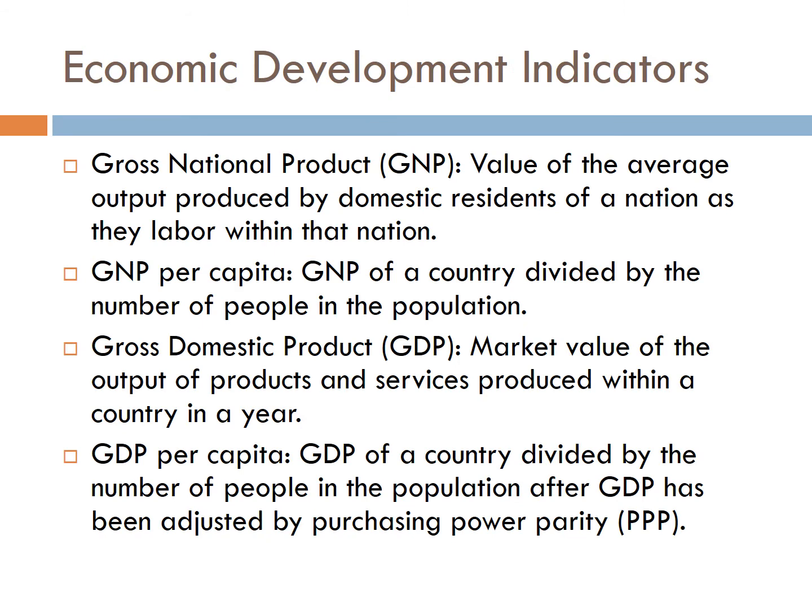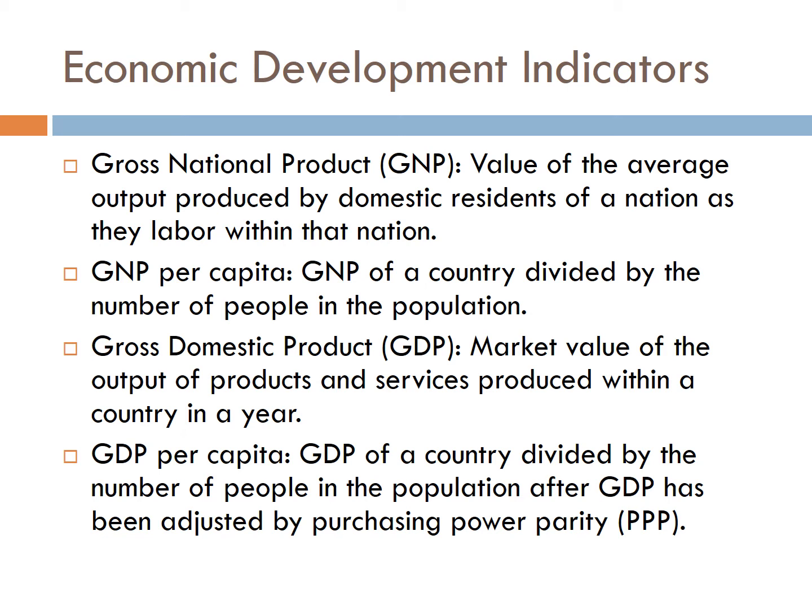Gross national product, or GNP, is the value of the average output produced by domestic residents of a nation as they labor within that nation. I want you to focus on the words domestic residents. It is the value of average output in terms of any products or services manufactured or developed within a country.